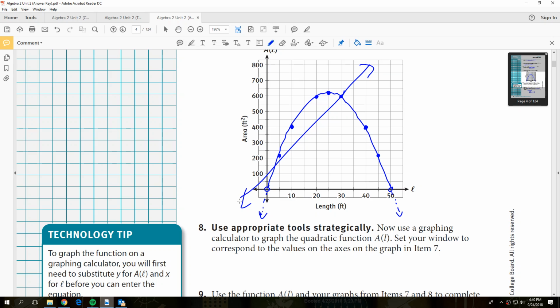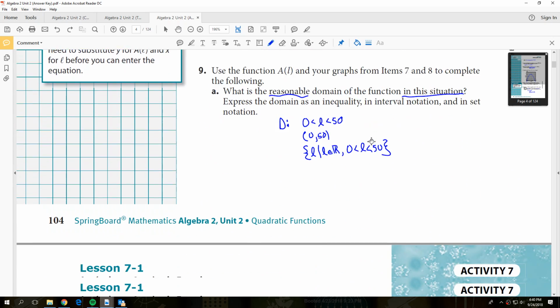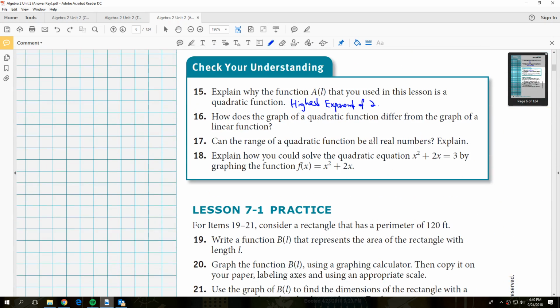One side will go down forever, the other side will go up forever. A parabola is different though. It's either going to go down forever and have this maximum, or if it was going upwards, it would go up forever and have this minimum here. Okay, just depends. I think that might even be one of the other questions.